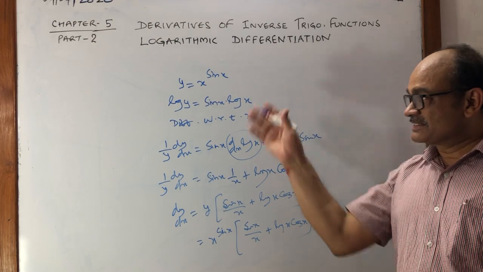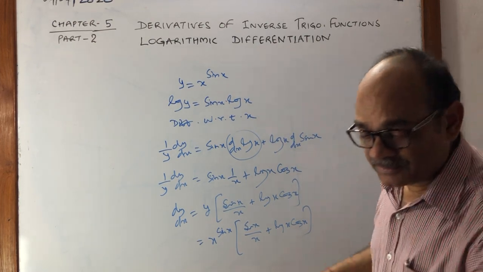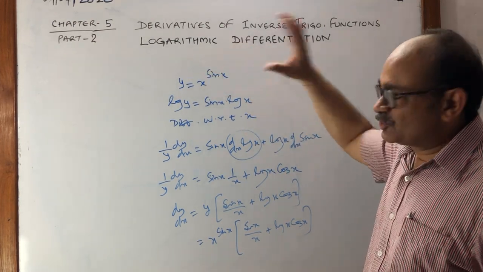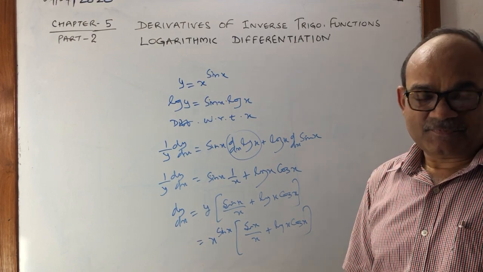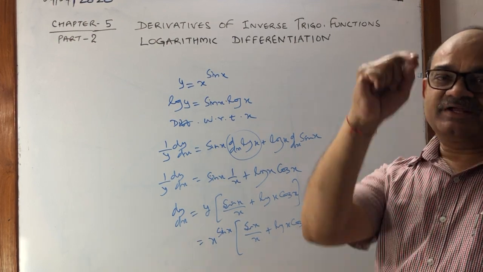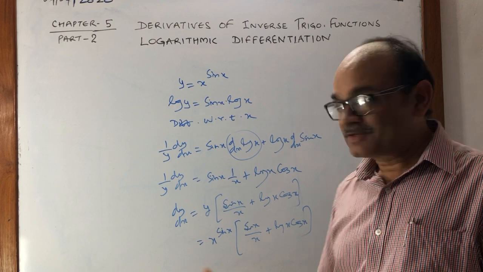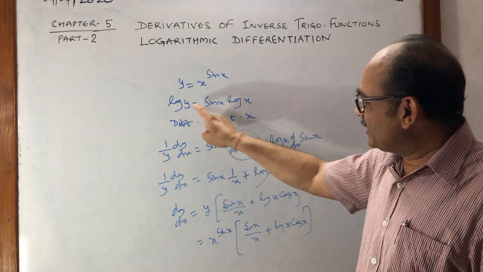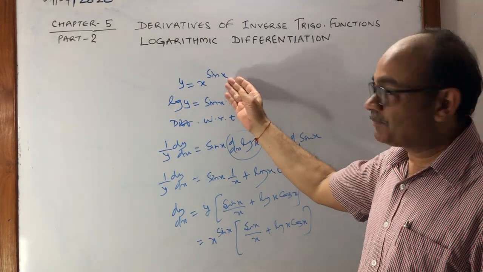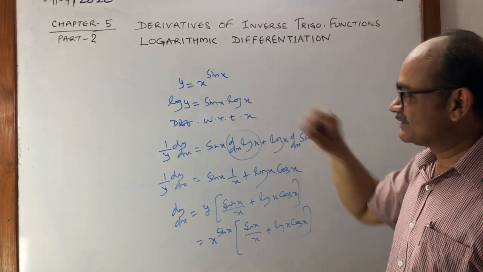Simple. Once again, repeat it. y equals x to the power sin x. Complicated question, and for a complicated question we have log. So taking log on both sides, log y equals, by the property of log, the power comes forward, so sin x log x.